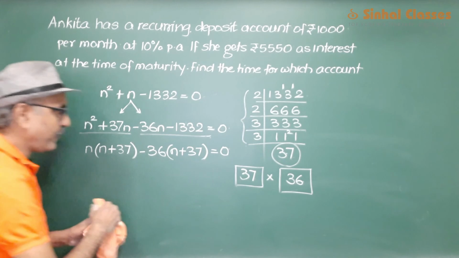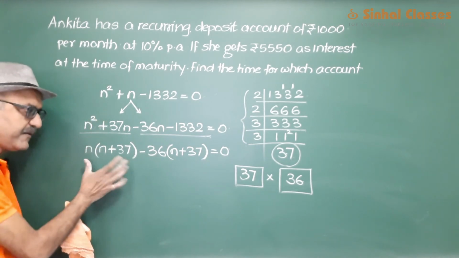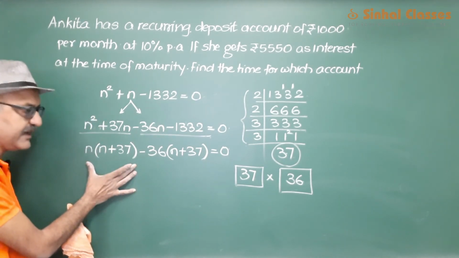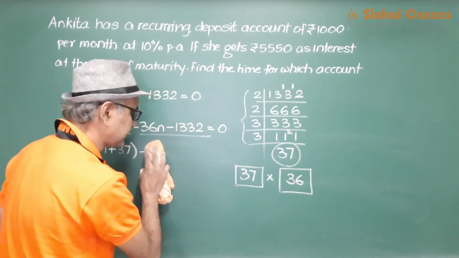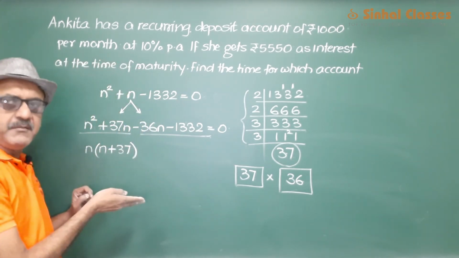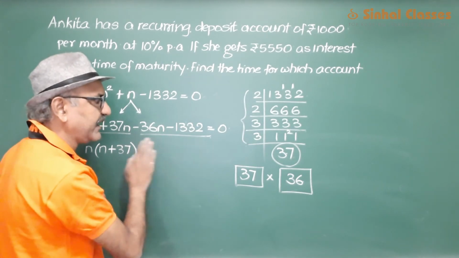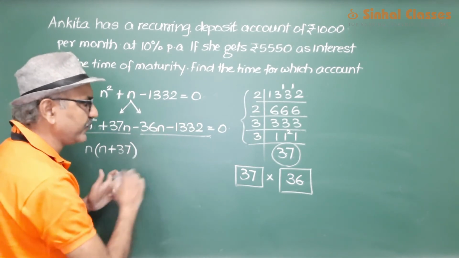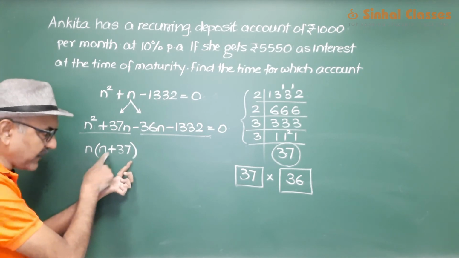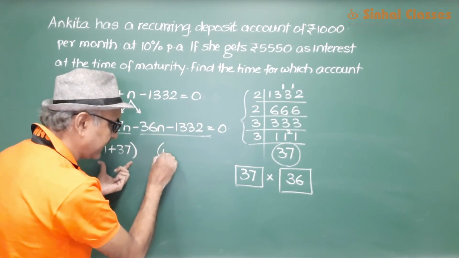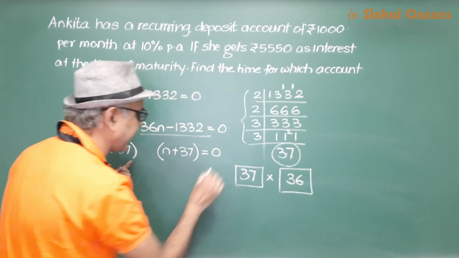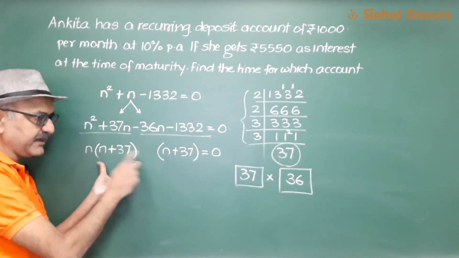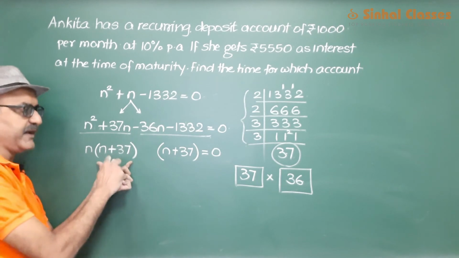Once you have established the first bracket in a quadratic equation, don't think much about taking a common for the second bracket. You can straight away just repeat this bracket, because come what may, both the brackets will be the same.